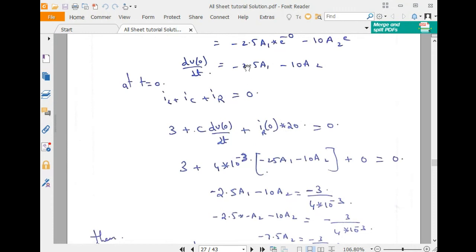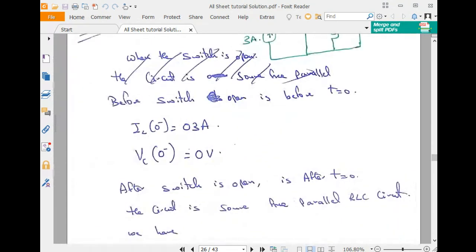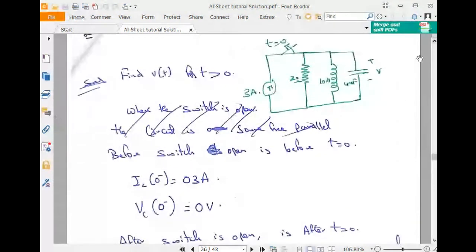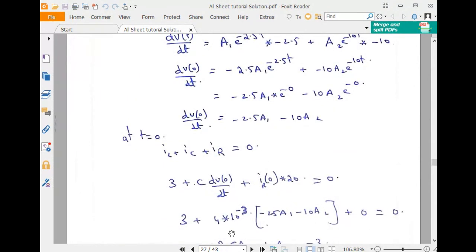dV of 0 by dt we got here, substitute here, and C, what is C? 4 millifarad. The value of C is given, 4 millifarad, so 4 into 10 power minus 3, this is capacitance. And the value of IR, that is V of 0 by R, V of 0 is 0.